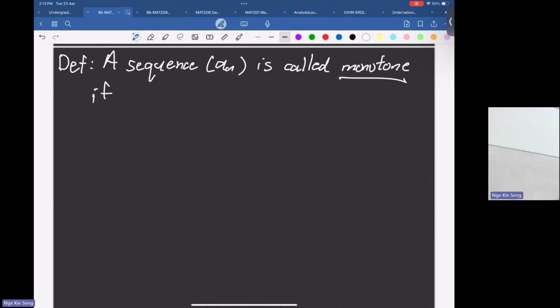If what? If it is either non-decreasing or non-increasing. Okay, non-decreasing or non-increasing.